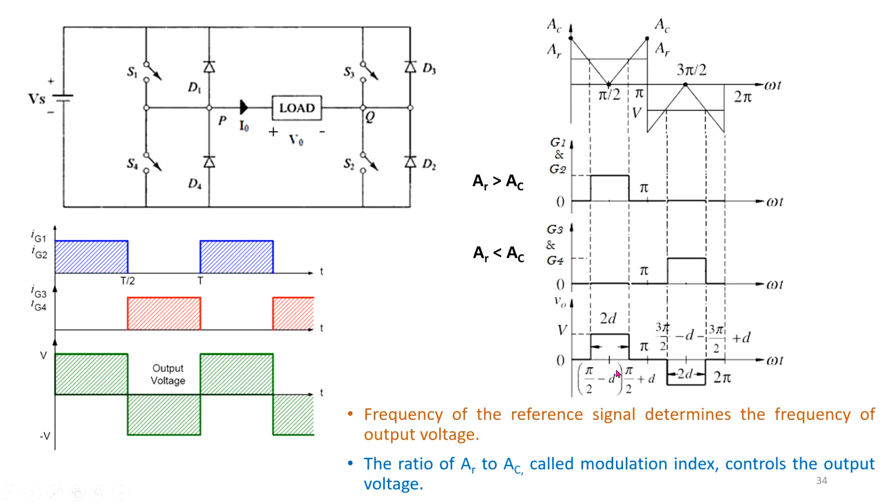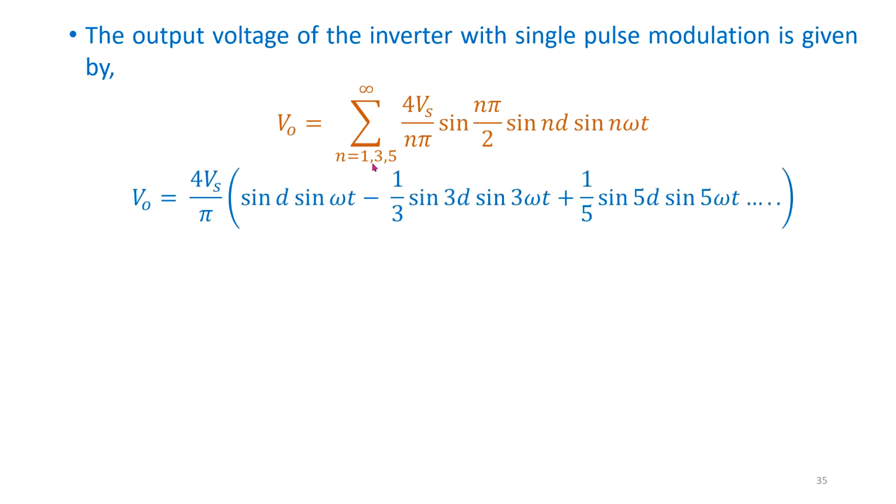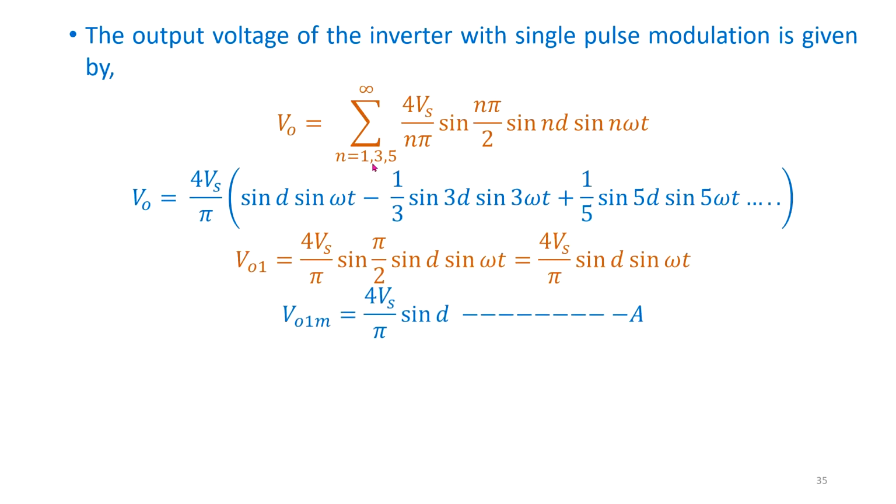Just take the Fourier series, and for this shape, only the odd components will survive. You can find it anywhere in the textbook, in the simplest form like this, and the first component, and the more generalized one.